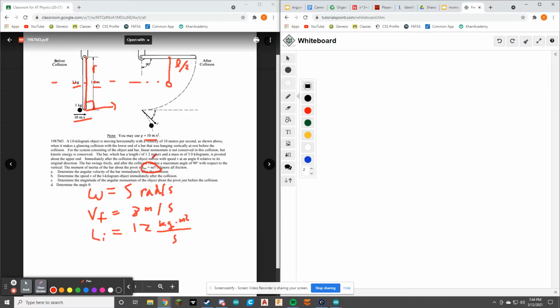And then finally, part D is determine the angle theta. I'll draw again our r. The sine theta is telling us the velocity that is perpendicular to the radius. Whatever this velocity here is, if we draw a triangle, this value will be the velocity cosine theta.